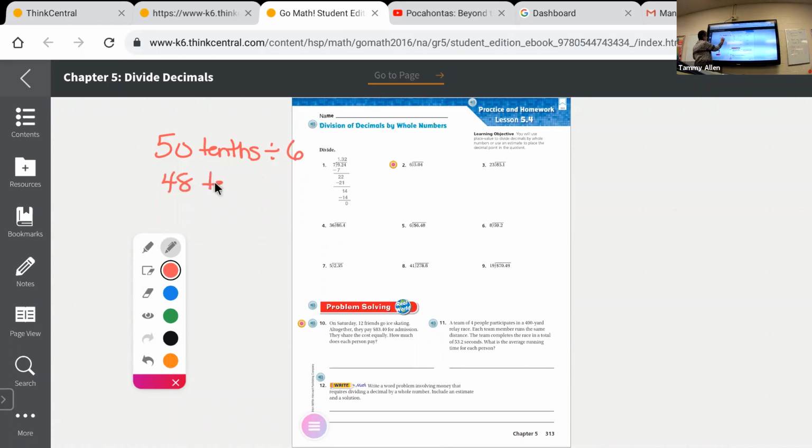No, we don't laugh. We don't laugh at other people's answers. 48 tenths divided by 6. And when I looked at your answers, my guess is most of you need to be writing this down and making corrections. 48 tenths divided by 6 is what? 8 tenths.